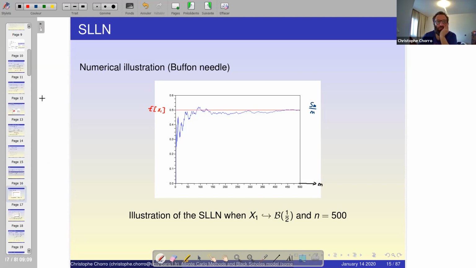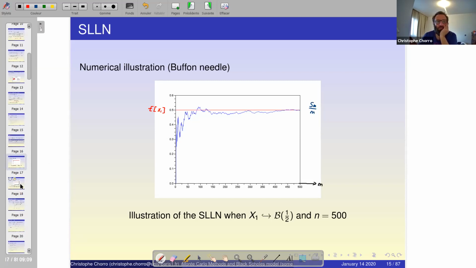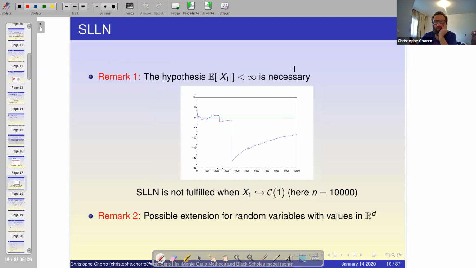Just be careful. Here is another graph, to show you that this hypothesis is important if you want to have the strong law of large numbers. Here is an example of a situation where it doesn't work: I consider that X1 follows a Cauchy distribution of parameter 1. That just means that the density of X1 is something like 1 over 1 plus x squared, maybe with a pi here.